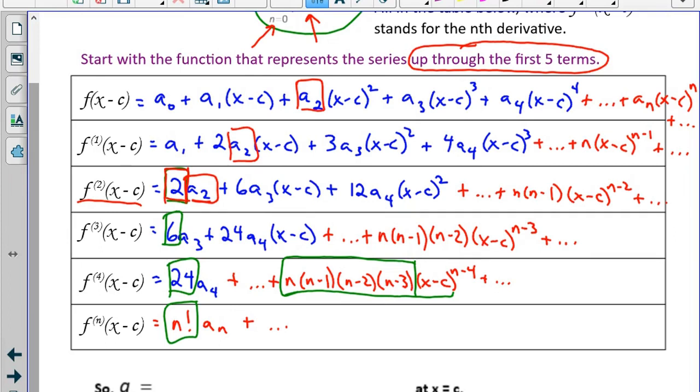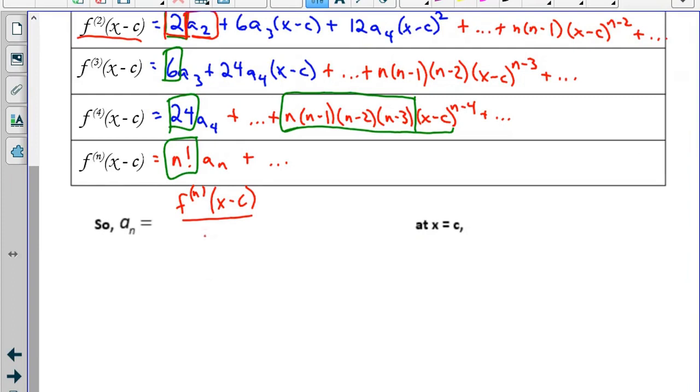So a sub n ends up being the nth derivative at c over n factorial. That's what a sub n ends up equaling.